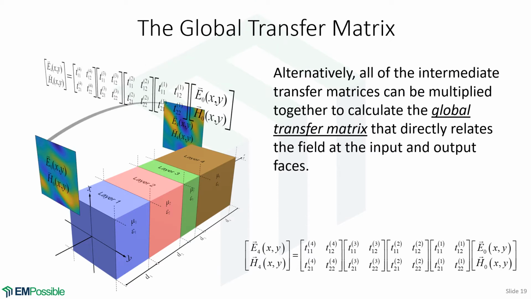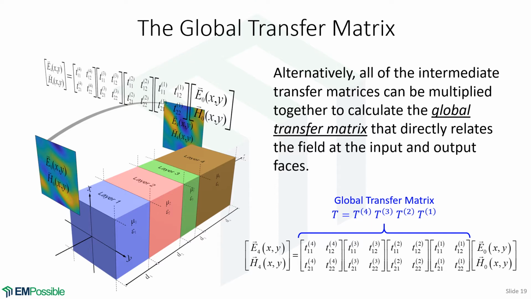Now, if we multiply all of these transfer matrices together, so you have the transfer matrix of layer 1, layer 2, layer 3, layer 4, notice the order that they're being multiplied. So 1 at the far right, then 2, then 3, then 4. If we multiply just the transfer matrices together, we get what's called the global transfer matrix.